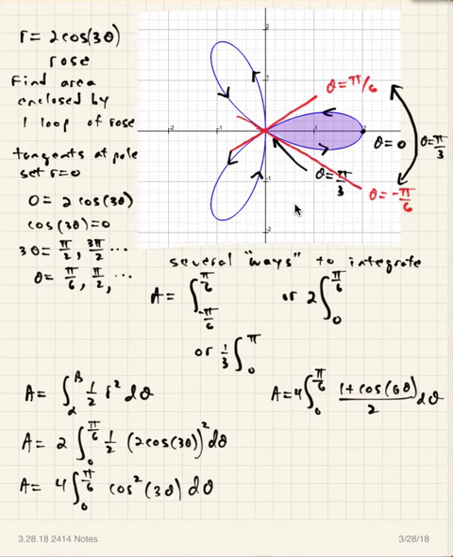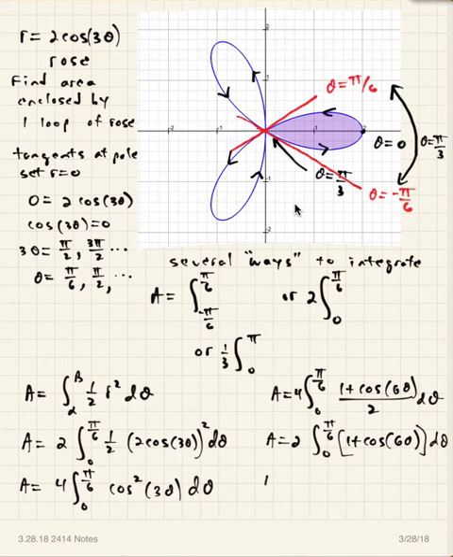And so this actually works out fairly nicely here. This is 2 times the integral from 0 to pi over 6 of 1 plus cosine of 6 theta d theta, like that.